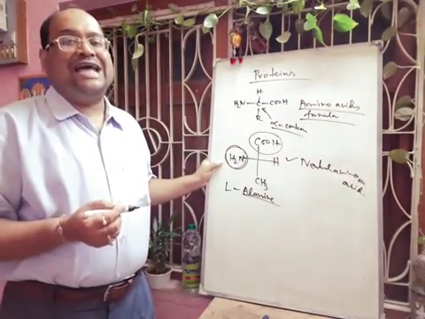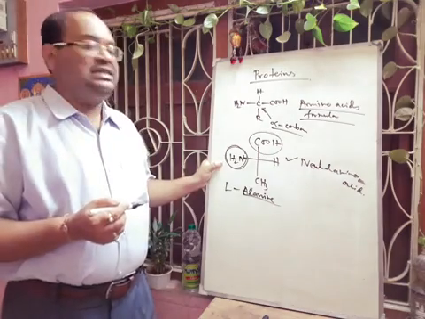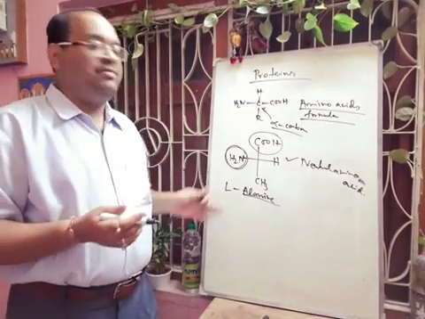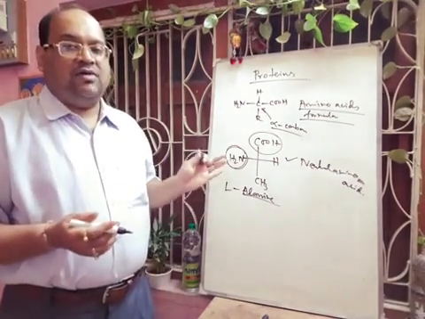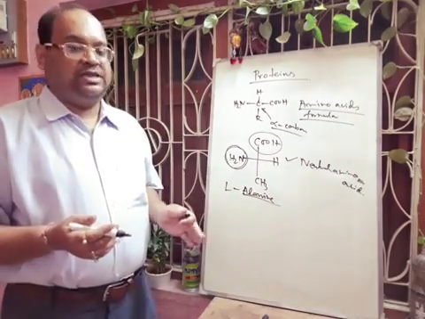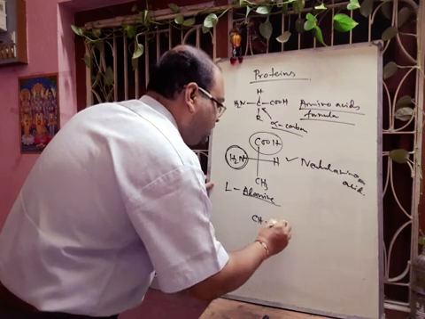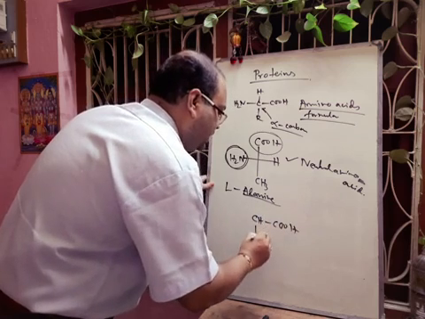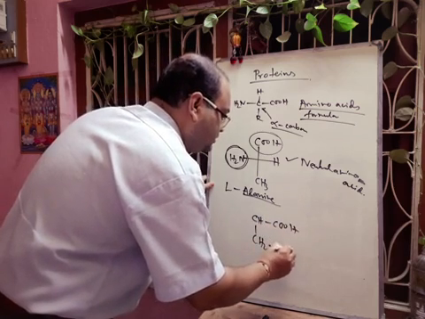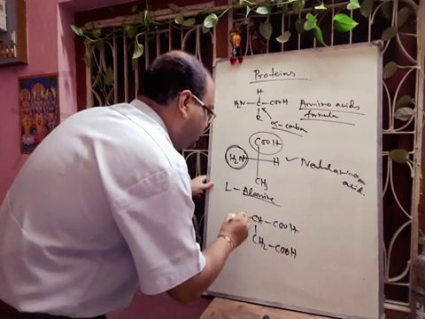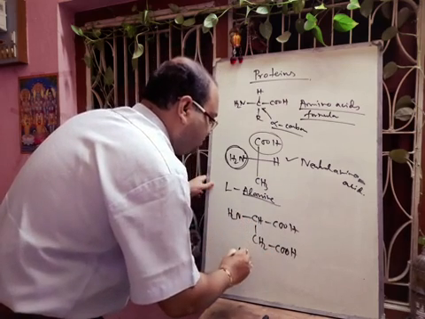Next one is the acidic amino acid. An acidic amino acid contains one amine group and two carboxylic acid groups. We can give one example like HOOC-CH2-CH(NH2)-COOH, and this is called aspartic acid.